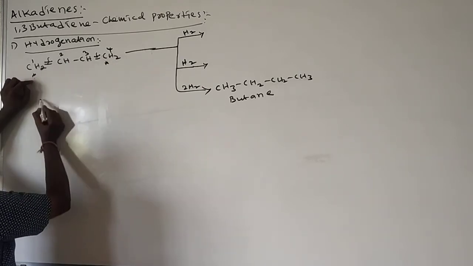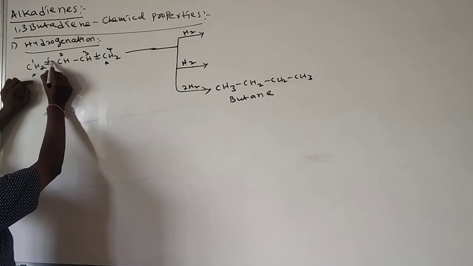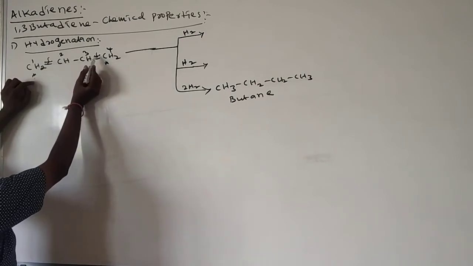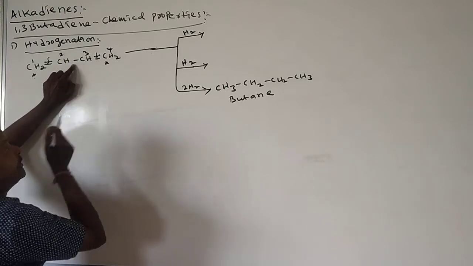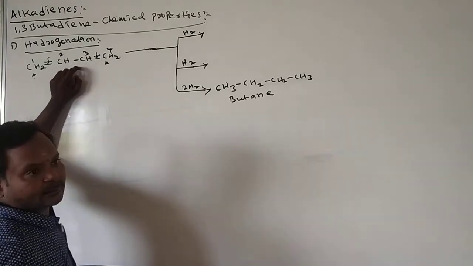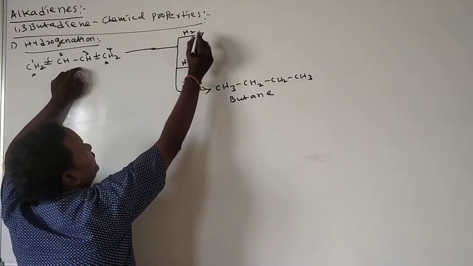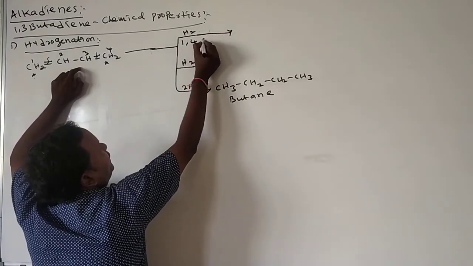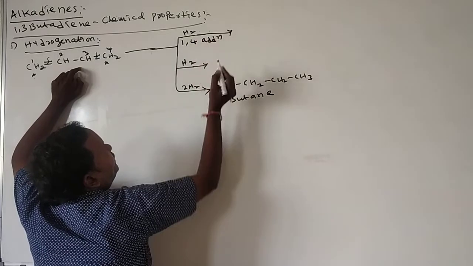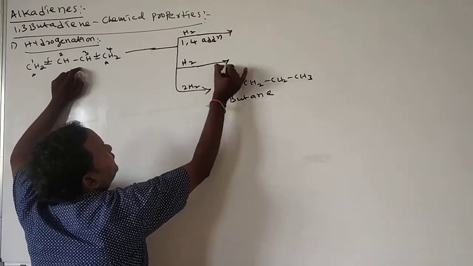This electron, first carbon, one more electron, fourth carbon, one more electron, forms the double bond in between the second carbon and third carbon. Hydrogen is added at the first position and fourth position, so we call that 1,4 addition.